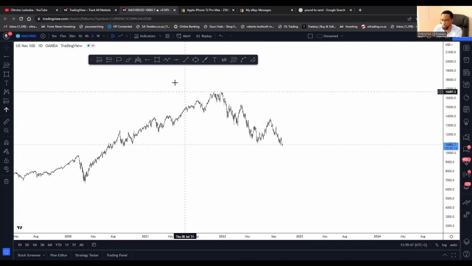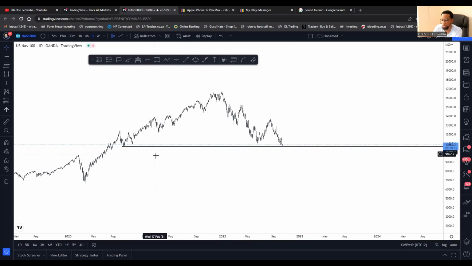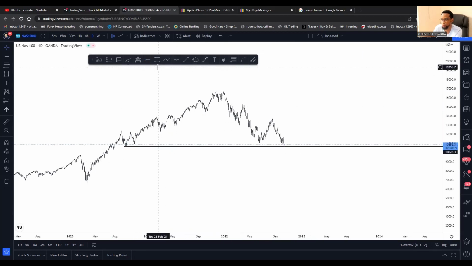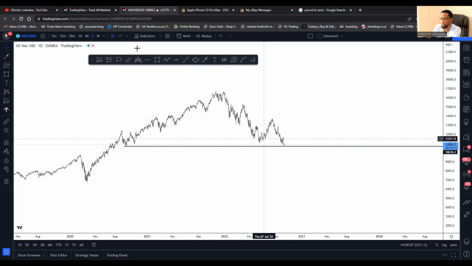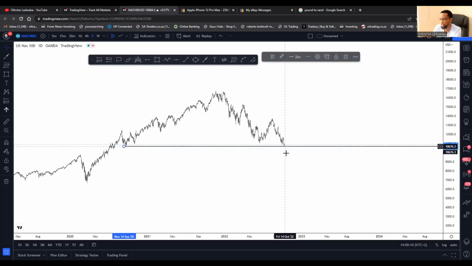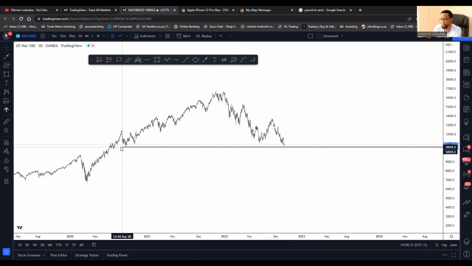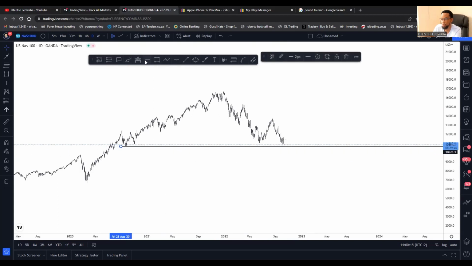I'll draw this line here. This will be my decider. A break below simply says we are going down. This, for instance, is our support, and once it gets broken, it becomes resistance.